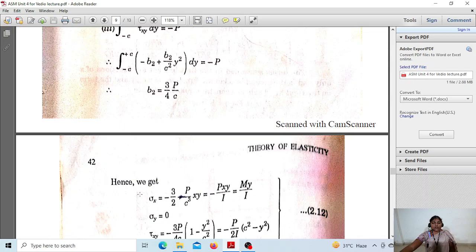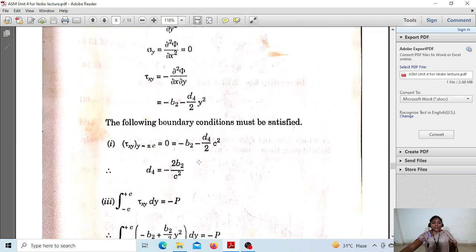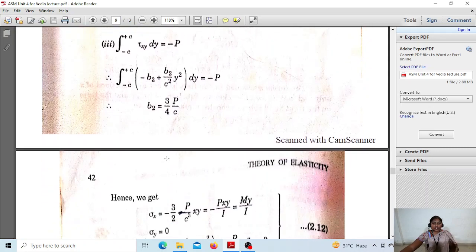Hence, now you substitute your constants d4 and b2 in the equations for sigma x and tau xy. What you will get, we will see.